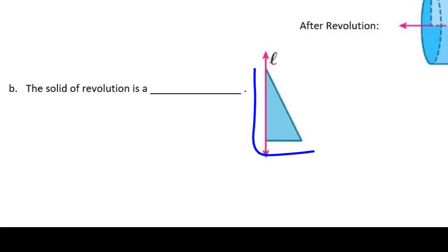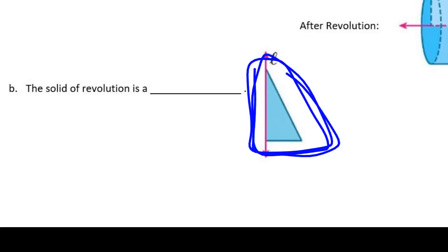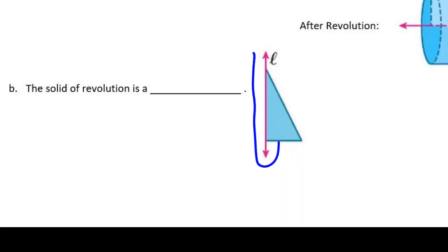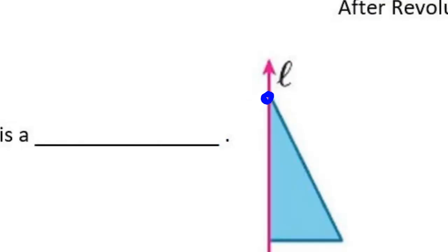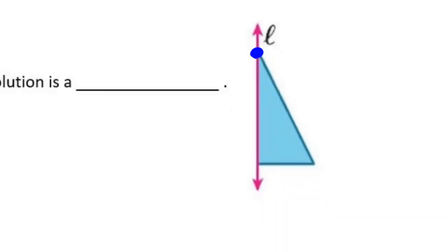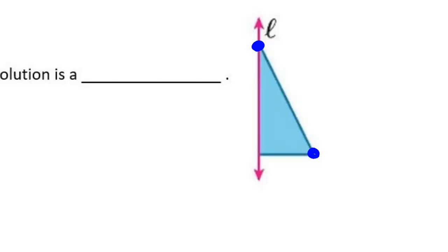What about if we were to take this triangle right here and spin it really fast around this line? This point right here is connected to my axis. It's not going to go flying out anywhere, right? That's like holding on tight to the thing that's spinning. But this corner is going to go flying around, right? It's going to come around like this.